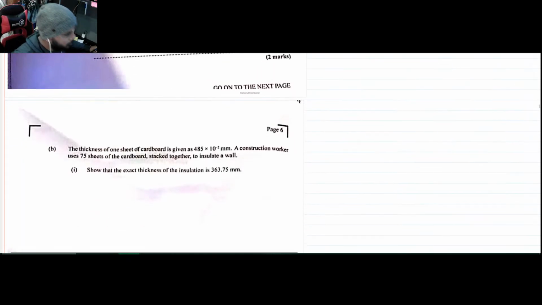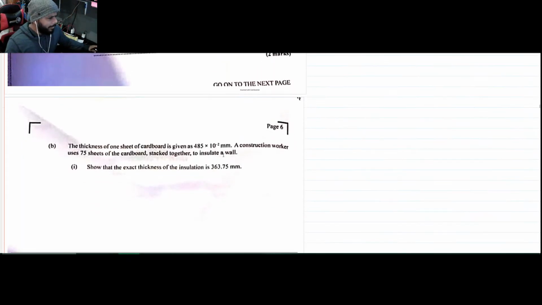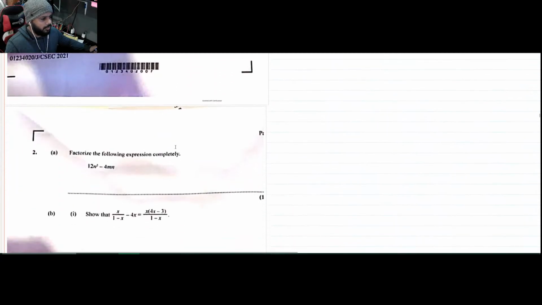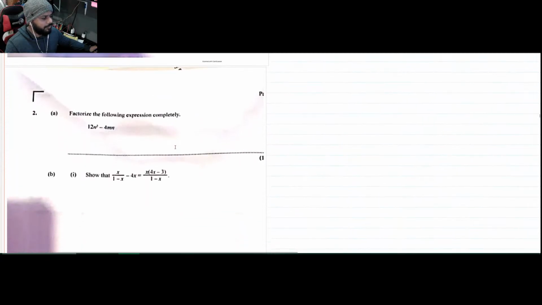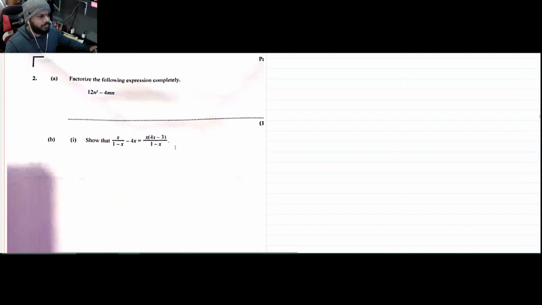Part B, you could do that as well. Insulate the wall, exact thickness of the insulation. This is areas and stuff, you're supposed to be able to do this. For an exchange, you could do that. Factorization, you're supposed to be able to do that.